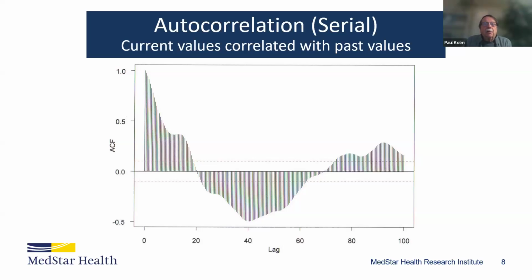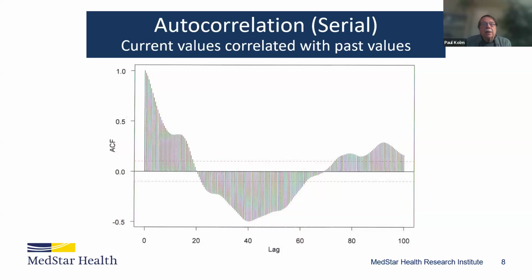Current values correlated with past values. And so we get this sort of oscillating kind of graph here as we look at correlations between the current values and the lags. And so in the lags that are closer to one another, we have higher correlations.